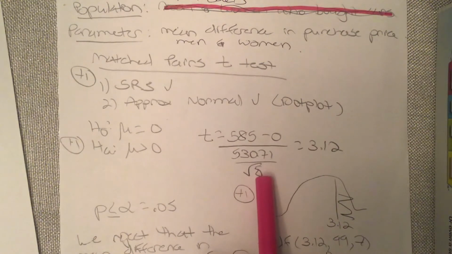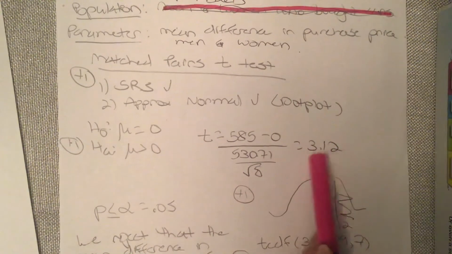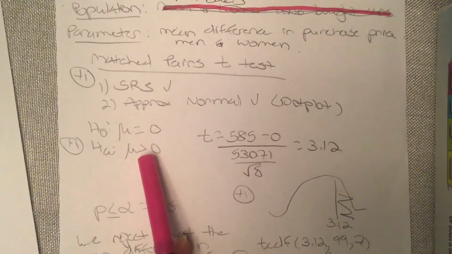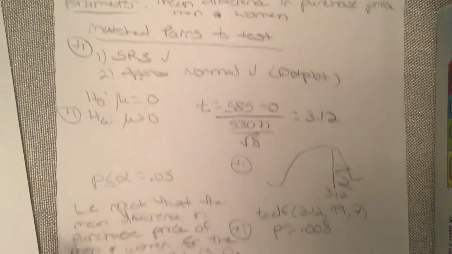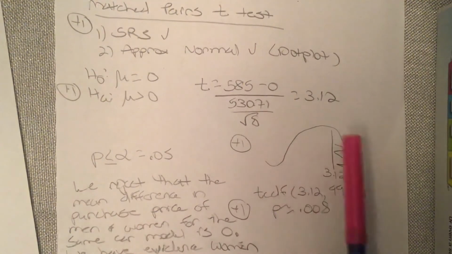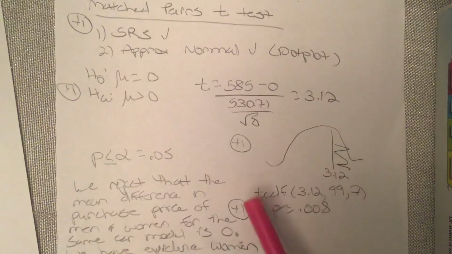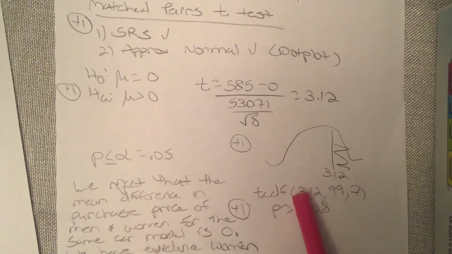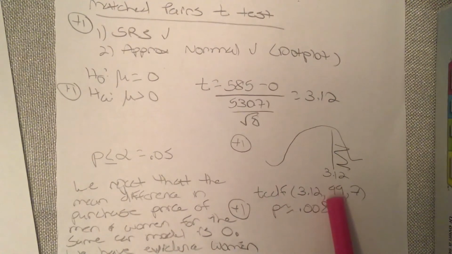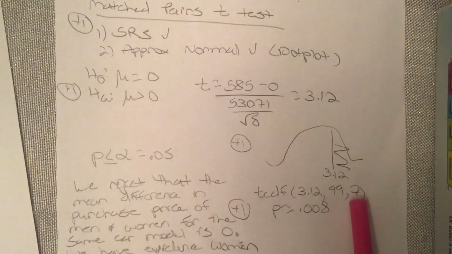Remember, your sample size is the 8 cars. That's your t-value. And then your alternative is greater than, so you only have to get the area on one side. So from there, I drew my little sketch, and then I'm going to do tcdf from 3.12 to 99. Don't forget, when you're doing tcdf, guys, you also have to put in your degrees of freedom. This is your sample size minus 1, so that's why this is 7.